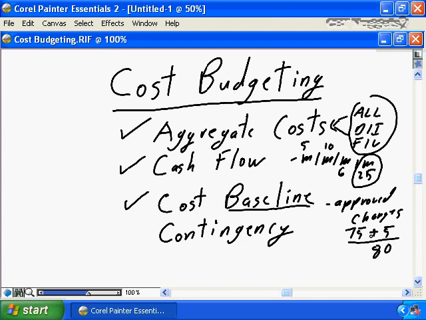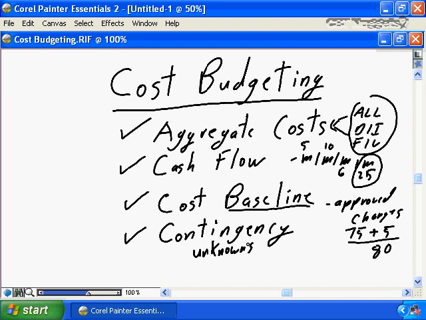And finally, when you're developing your project budget line, you need to have a form of contingency. You need to have reserve. You need to have items in your hand to deal with the unknowns that are going to impact your project.